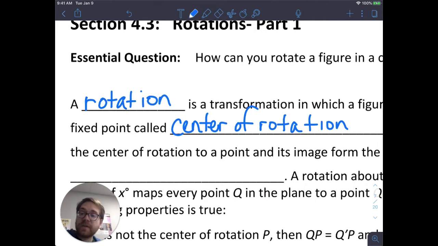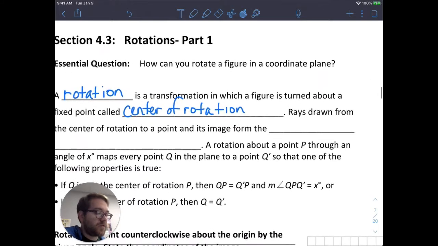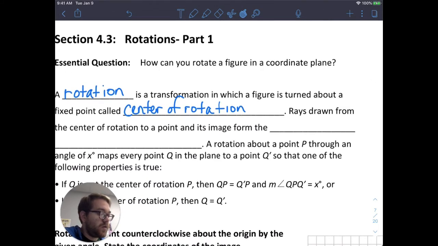In rotating a figure, we are just spinning it around a certain point called the center of rotation. If you draw rays from the center of rotation to a point and its image, you form the angle of rotation.